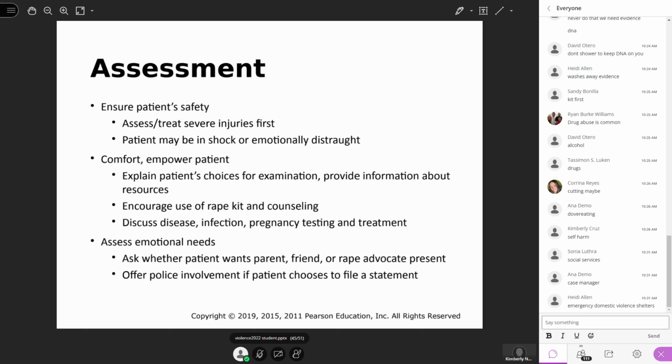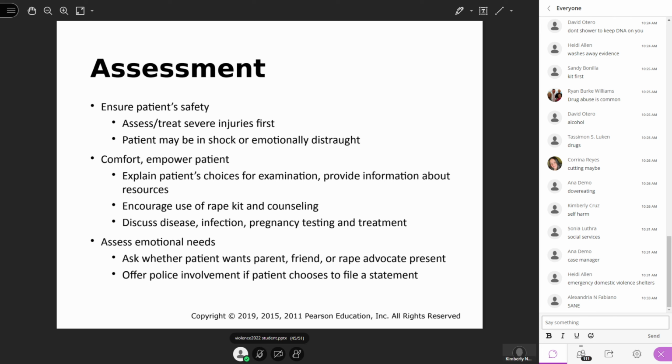Right? We want to make sure we collect the evidence. We might not be the ones who are actually collecting the evidence. A lot of hospitals have what I think is called a SANE nurse, who is responsible for collecting the evidence, and it has to be done in a very specific way, because this is going to be used perhaps if they do go to court, for prosecution, trial, there you go, court of law.